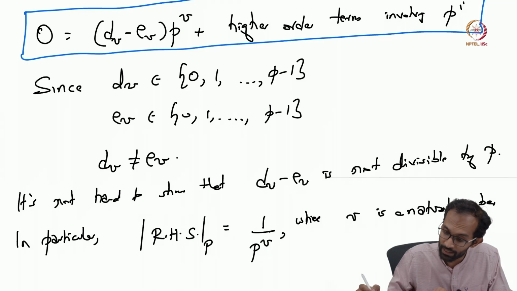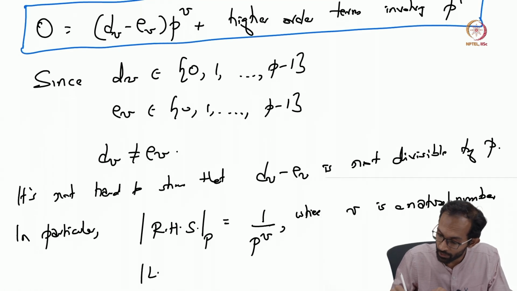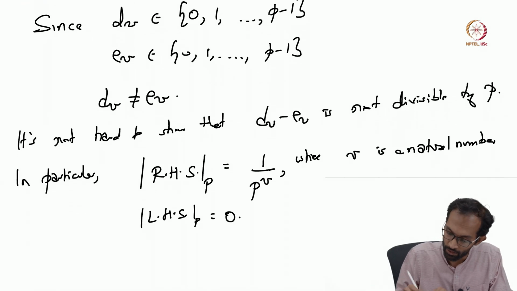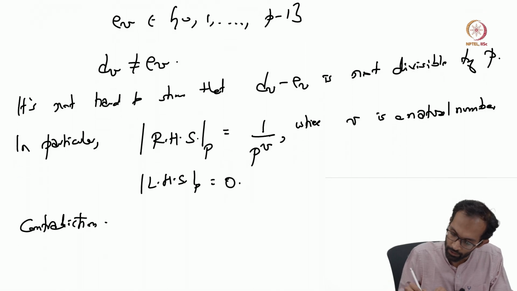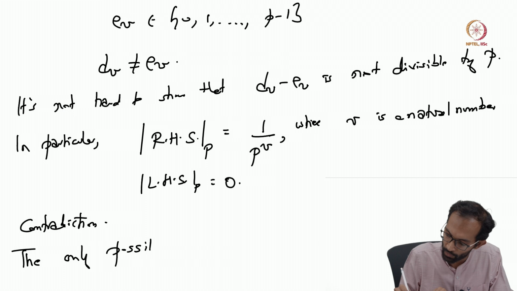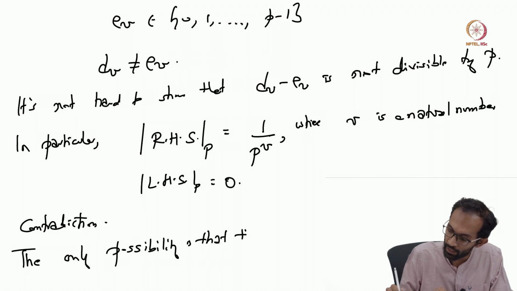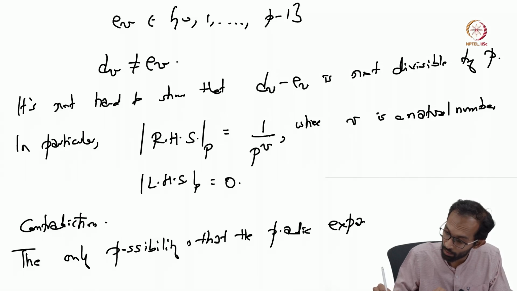But if you look at the left hand side, that's 0, and the p-adic absolute value of 0 is nothing but 0. This is a contradiction. And so the only possibility is that the p-adic expansions are the same.